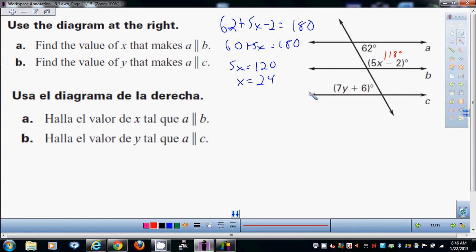I'm going to pick someone in a second. Jasmine, in your theorems, what kind of angles are these? What kind of angles are they?